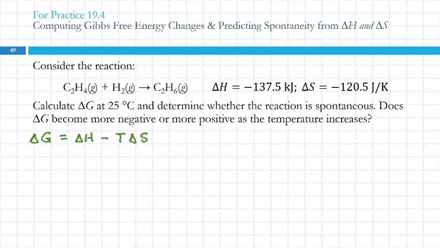So we're supposed to calculate delta G. Well, let's put in delta H, minus the temperature, got to put this in Kelvin, 298 Kelvin. And the unit on delta S should help you remember that. And then we're going to put in our delta S, minus 120.5 joules per Kelvin.